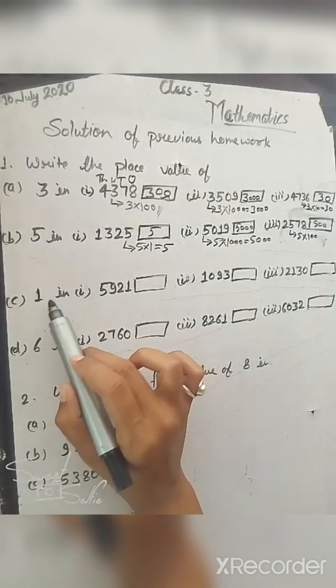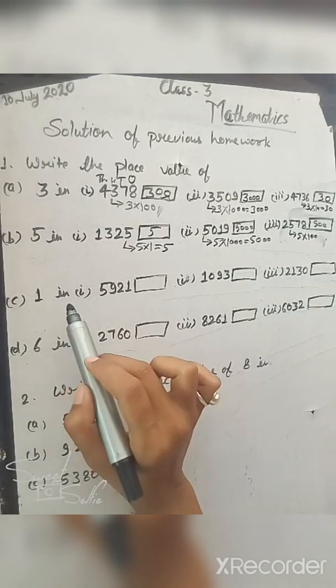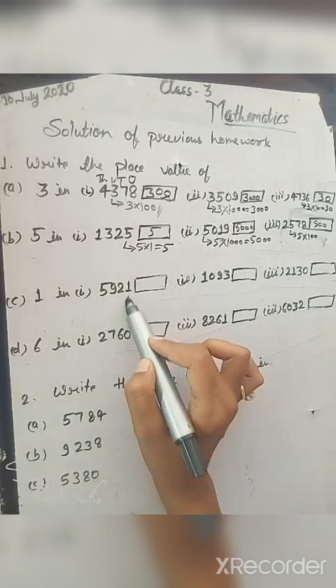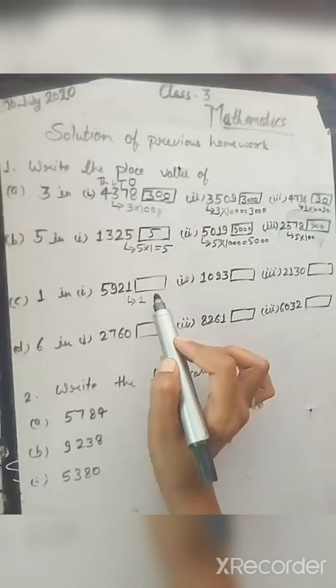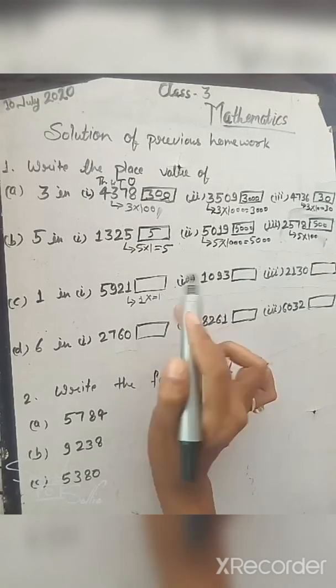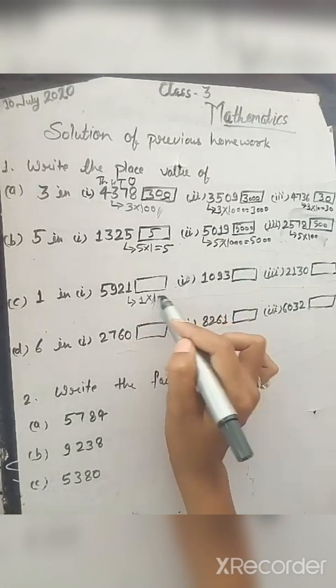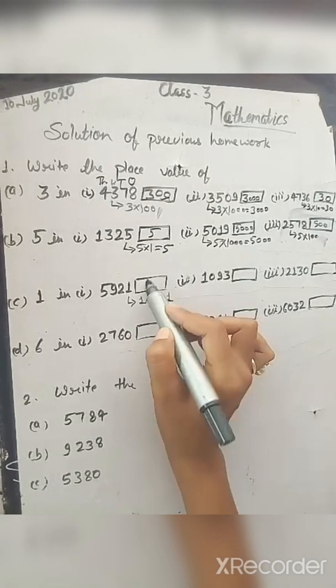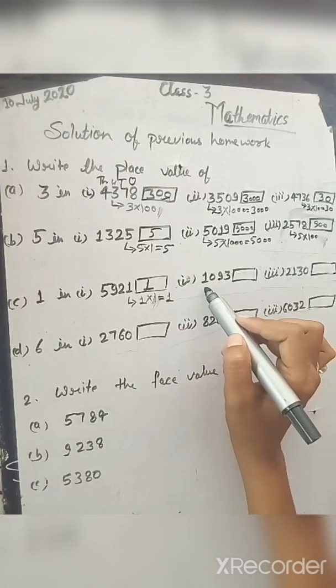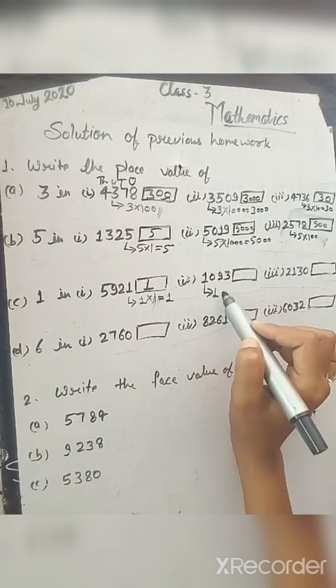Look at C. We have to find out the place value of 1 in 5921. In this question, 1 is at the ones place. So we will multiply it with 1. 1 multiplied by 1 is equal to 1. Okay. So we will write here 1. In second, 1 at the 1000 place. So we will multiply it with 1000.